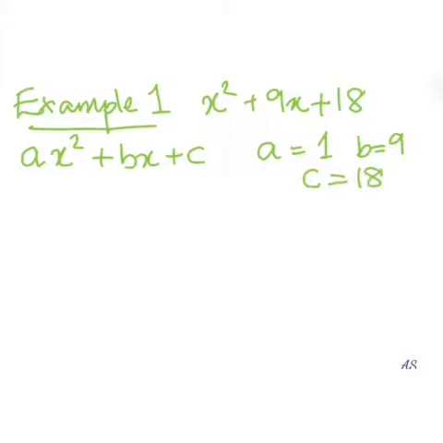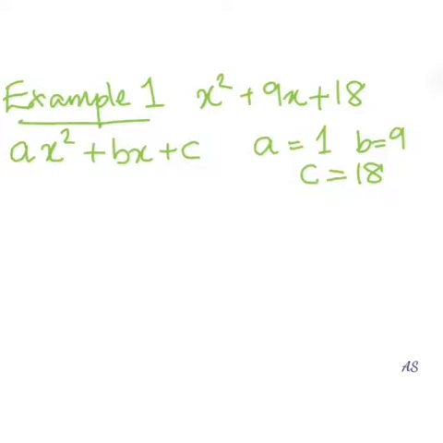Now, we'll split b into two real numbers such that the product of those two real numbers will be 18 and the sum will be 9.